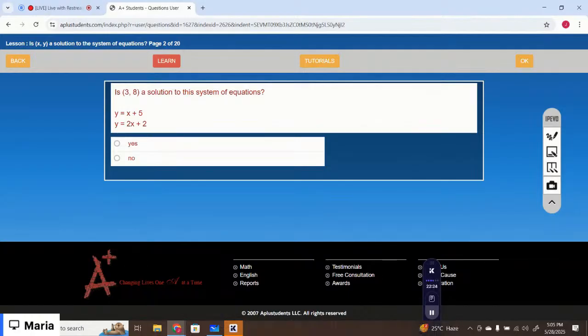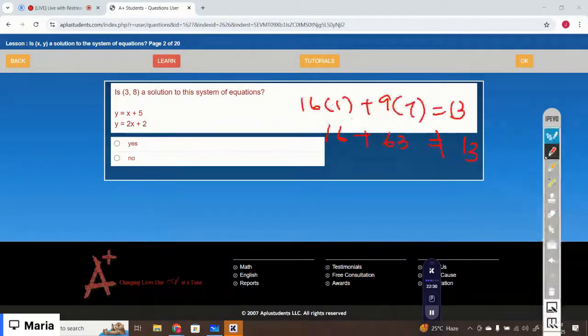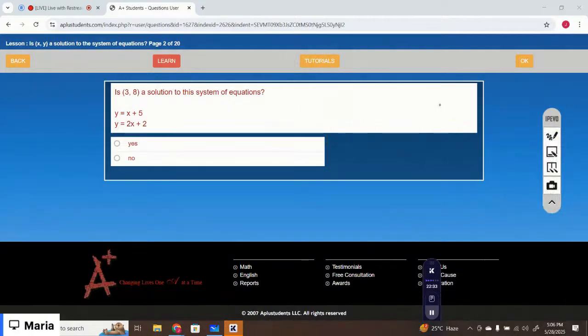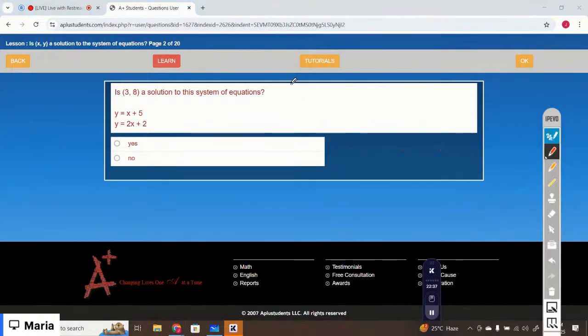Is 3, 8 a solution to the system of equations? Here y is 8. Let's just start with the first equation. 8 equals 3 plus 5. So 8 is equal to 8, right? The first one is true. Look at the second one. y is 8, 2 times 3 plus 2, 2 times 3 is 6 plus 2, that is 8. 8 is equal to 8.